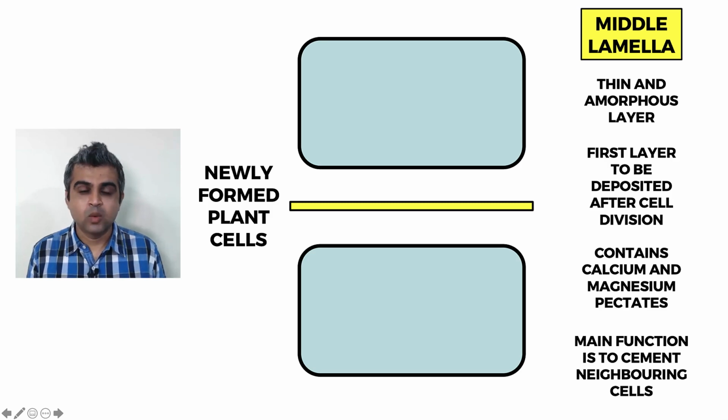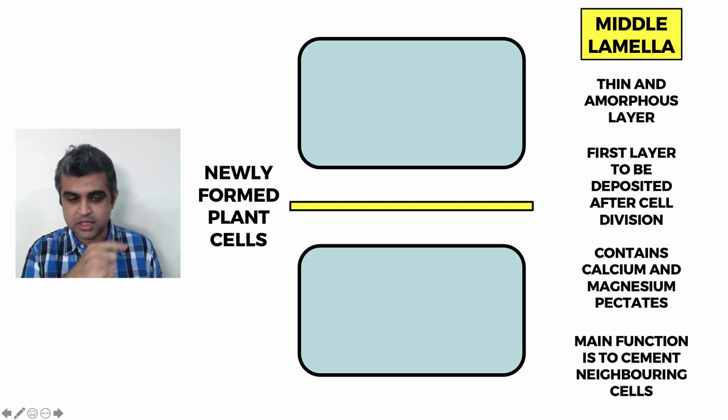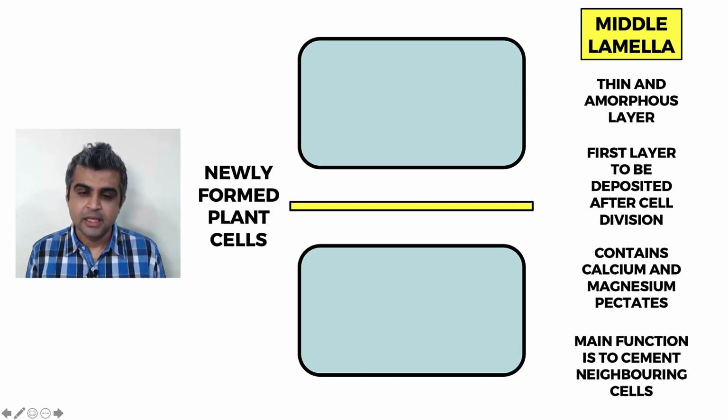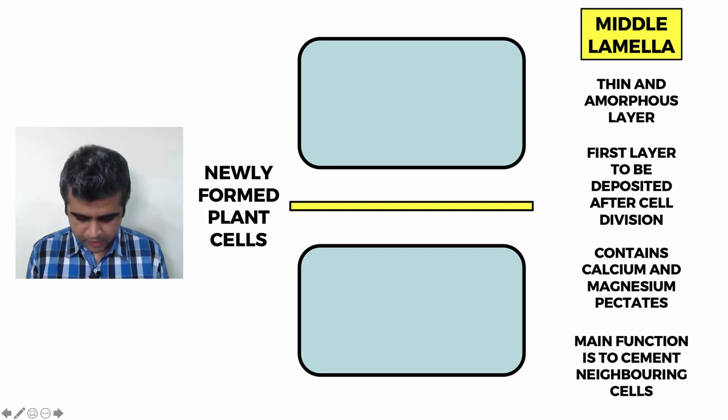So until now, the cellulose, hemicellulose and everything that was mentioned has not come yet, but this thin amorphous thing that has come between the two cells is going to be called the middle lamella. Please remember, the middle lamella is the first component of the cell wall to be made when the cell wall formation starts. Clear? Okay, so middle lamella.